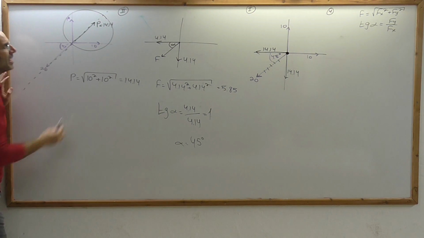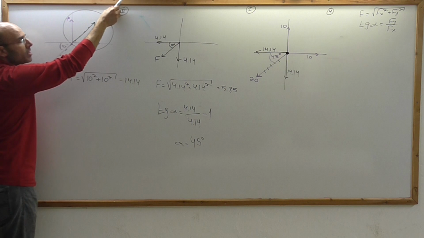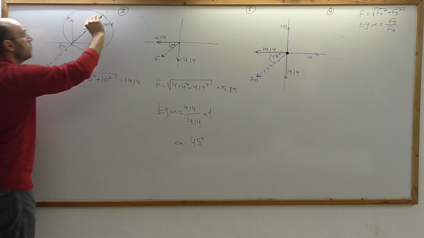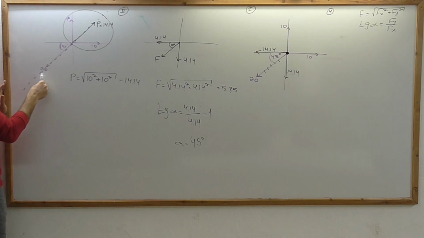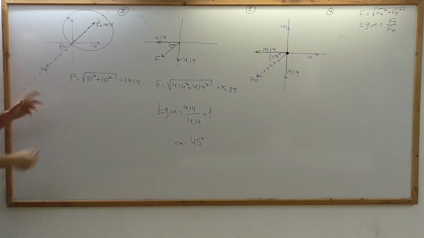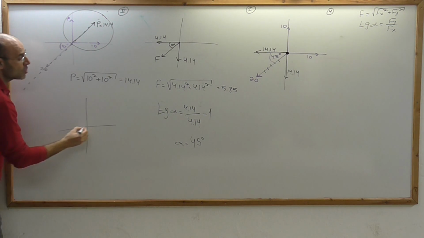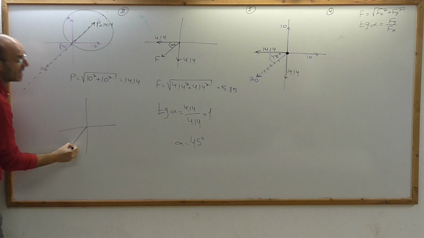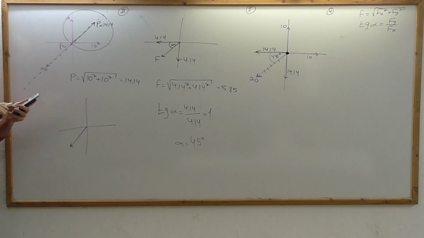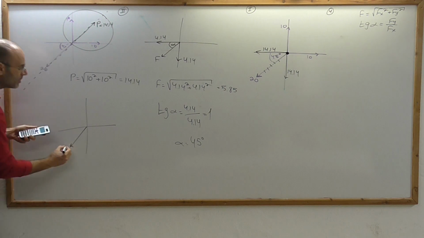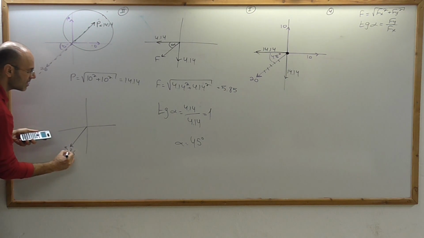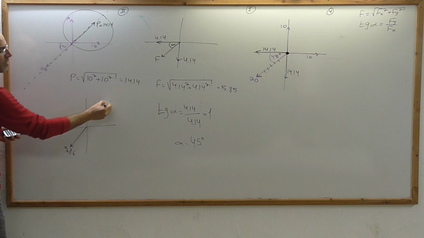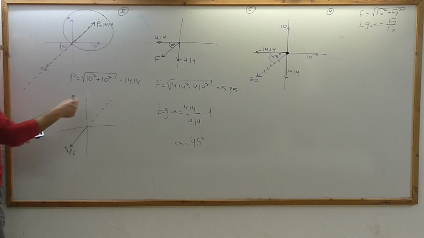Now what do I have? I have a force this direction, 14.14. A force this direction, 20. Who is stronger? The 20. So 20 will win by how much? 20 minus 14.14. So it will be 5.86. And I know that this is the direction. I don't have to calculate the angle again.